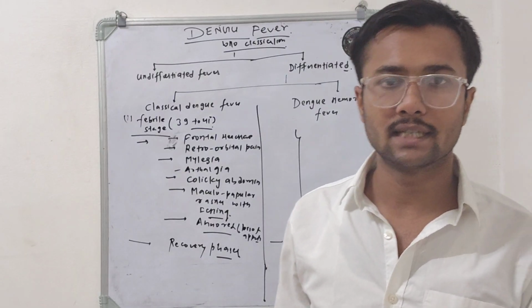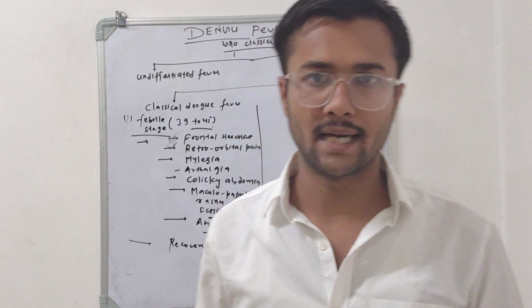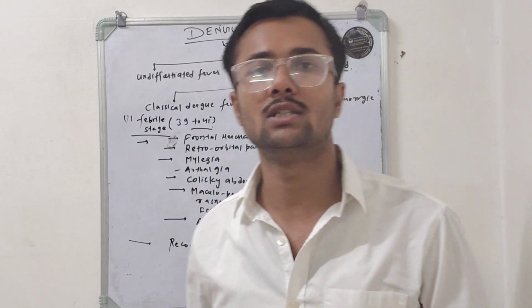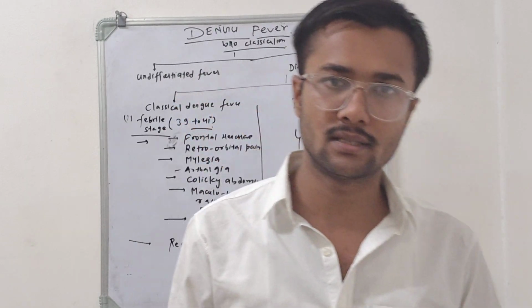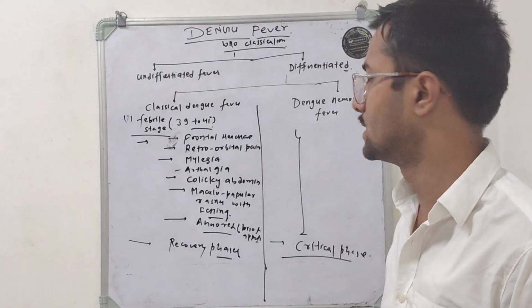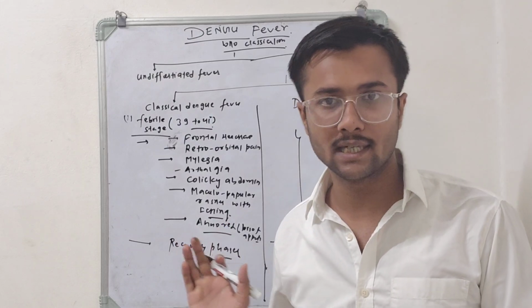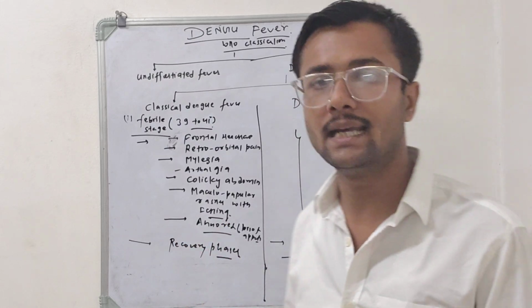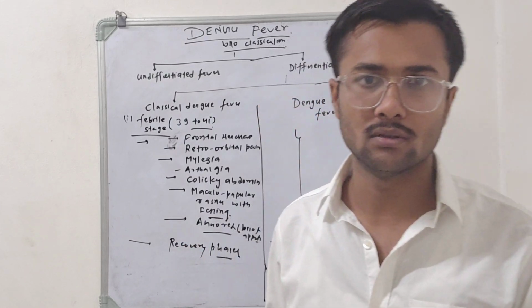There is no significant plasma leakage in classical dengue fever. But in dengue hemorrhagic fever, there is severe damage of the vascular endothelium.